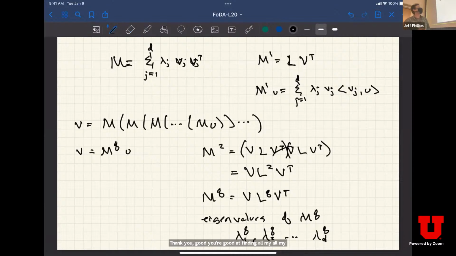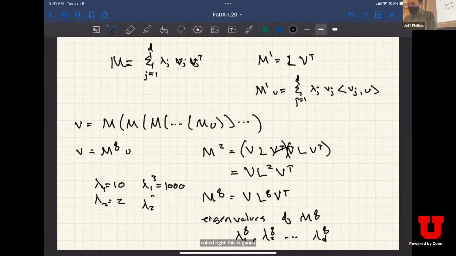Very helpful. Okay, good. So when I multiply by u, I stretch out along these eigenvalues, and when I take them to the power q, what's going to happen? The bigger ones are going to get even bigger. So if lambda 1 equals 10 and lambda 2 equals 2, then lambda 1 cubed is going to be 1,000, and lambda 2 cubed is going to be 8.